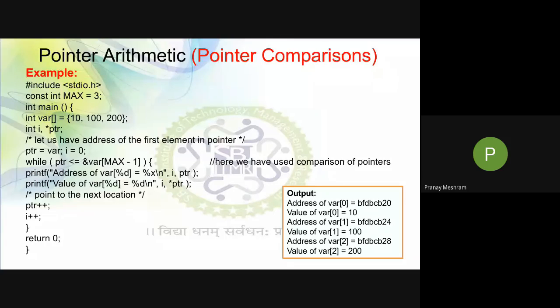Okay, then we have a simple integer variable I, then we have a pointer variable ptr. After that we are assigning the base address of the array in ptr.